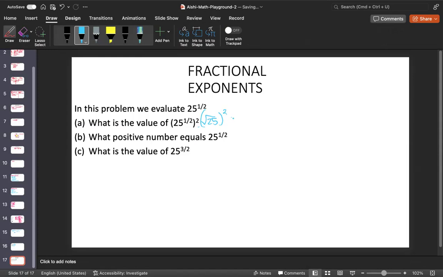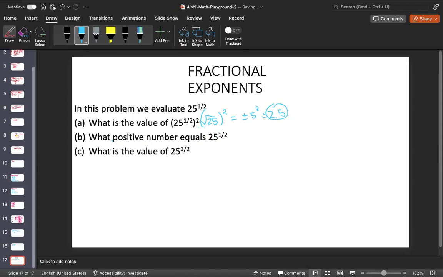So we would have the square root of 25, which is positive or negative 5, plus or minus 5 to the power 2, which would take us back to 25. Interesting.